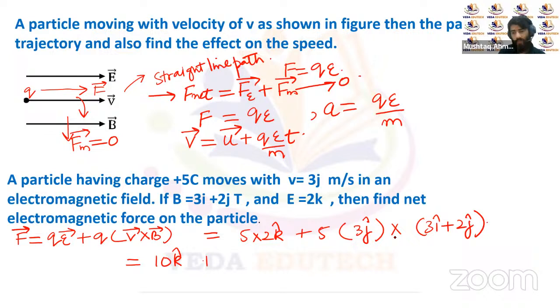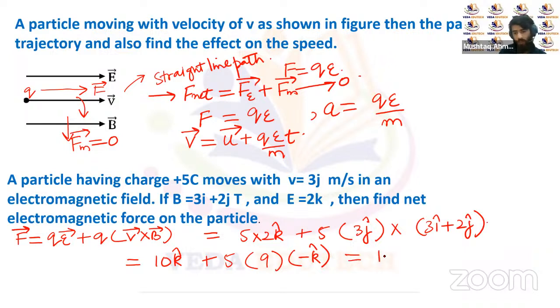Now we know that j cross j is 0, so we just have to do the cross product j cross i cap, and j cross i cap is actually minus k cap. So it will be 5 times 3 into 3, that will be 9, in the direction of minus k cap, because j cross i gives us minus k cap. So 5 times 9 is 45.